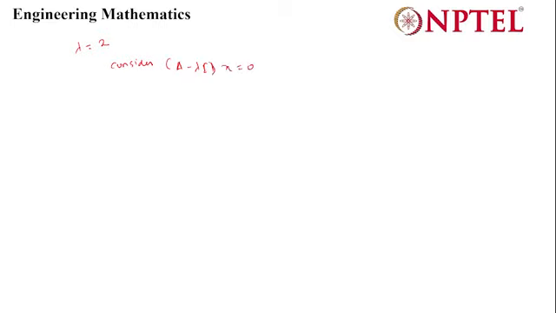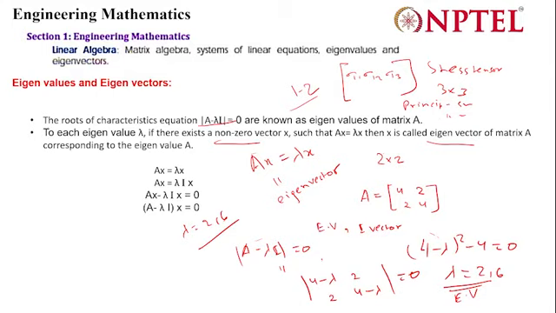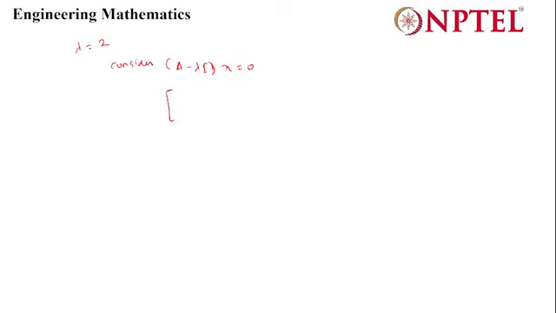So, (A - λI)X = 0. Firstly, you put lambda equals 2 in this matrix, 4 minus lambda. So our new matrix will be [2 2; 2 2] times [x1; x2].